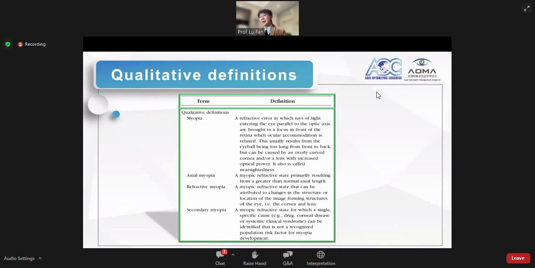Refractive myopia can be contributed to by changes in the structure or location of the image-forming structures of the eye, that is the cornea and the lens. And secondary myopia can be identified as a state with a single specific cause, for example, induced by drugs, corneal disease, or systemic clinical syndromes.